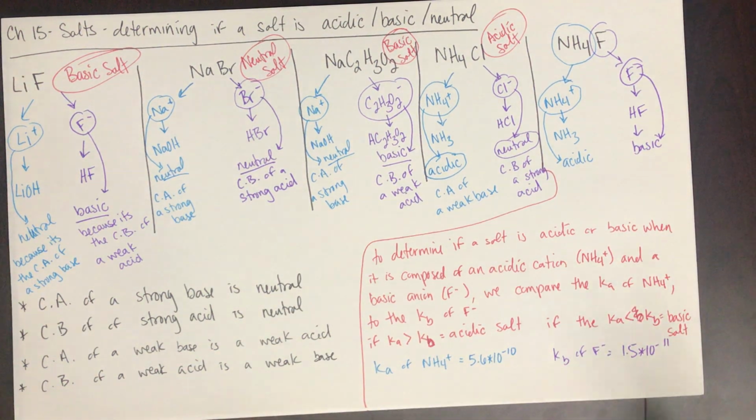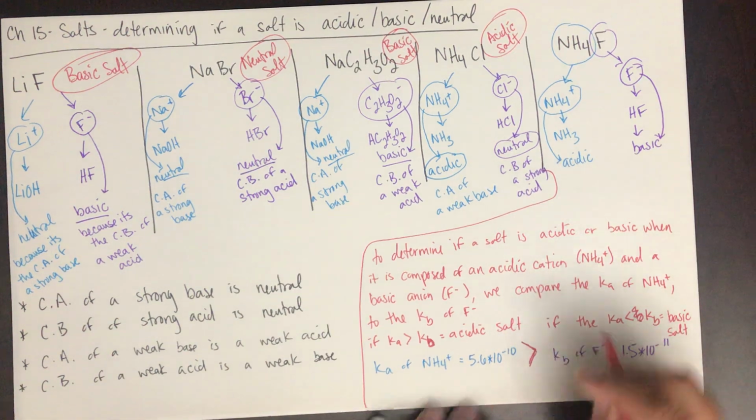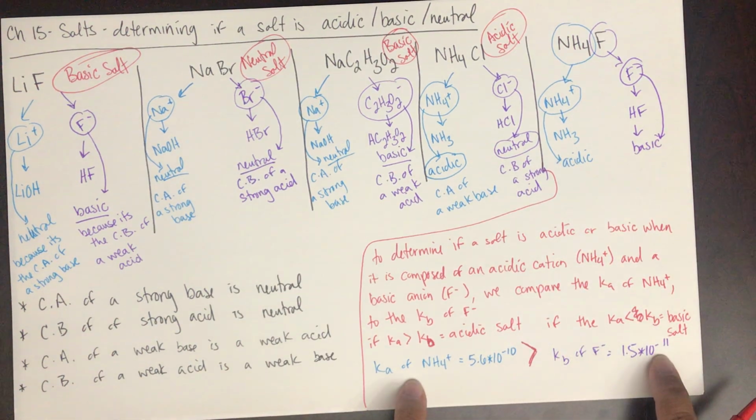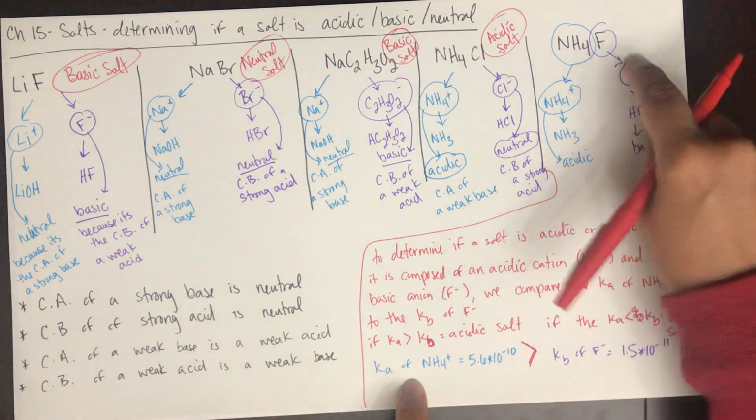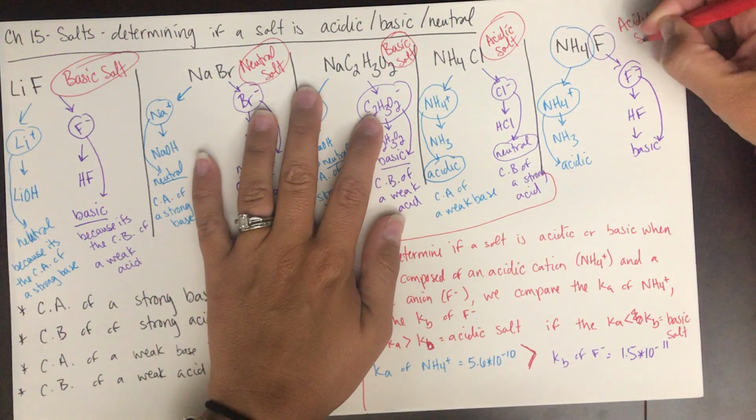So what you would do is determine which of these two numbers is bigger. Well, they both are very small numbers, but this is a bigger number than this. 10 to the negative 10th is bigger than 10 to the negative 11th. The Ka is bigger than the Kb. So that means ammonium fluoride is ultimately an acidic salt.